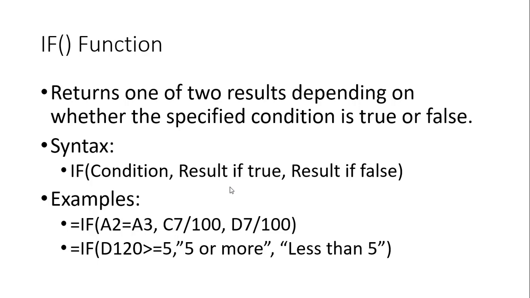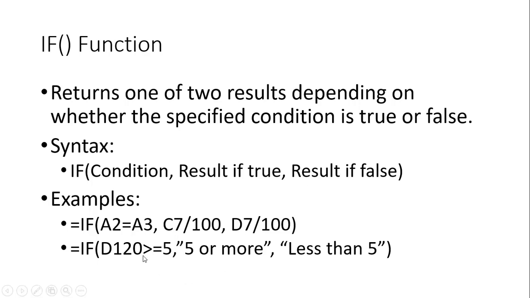It can be a number, it can be a formula, it could be a cell reference, it can be a label. It can be literally anything we want it to be. The third argument is the result if the condition turns out to be false. So in other words, if that condition is not in existence, then here's what we want to return to the cell if that's the case.